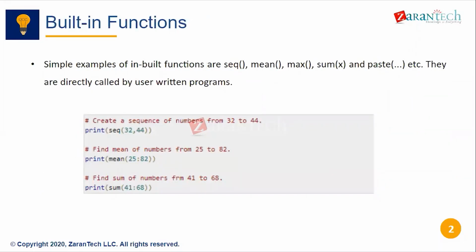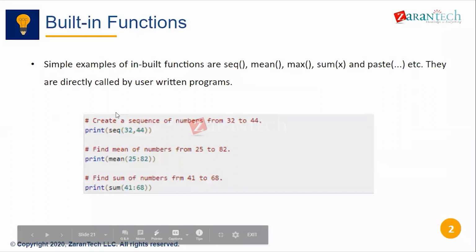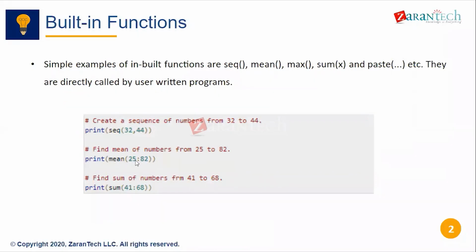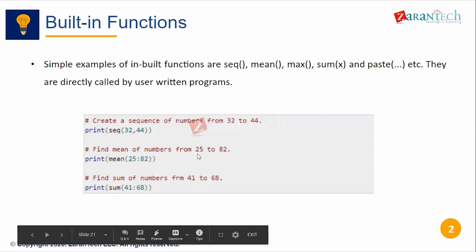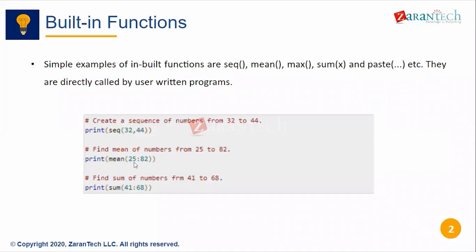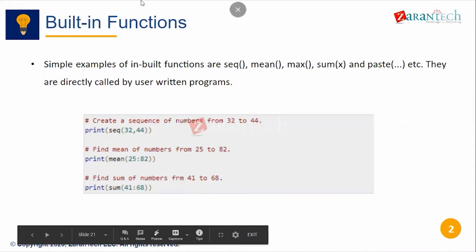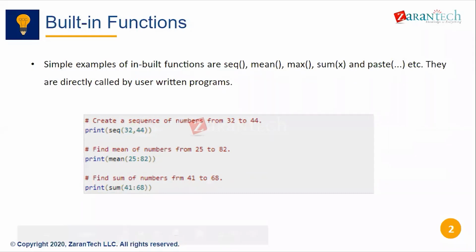So this is showing you some examples, right? Basically, like mean of 25 to 82. This creates a vector from 25 to 82 to find the mean of those numbers. We'll see how this works once the data has loaded.